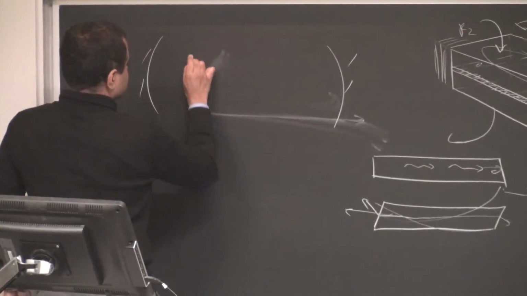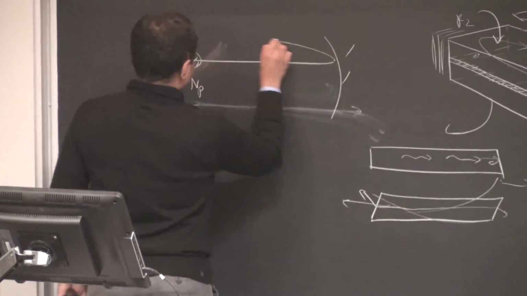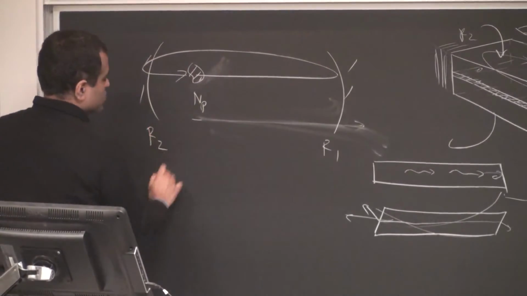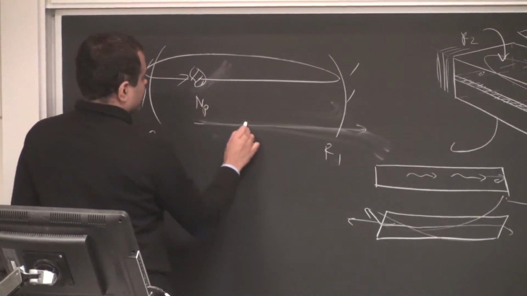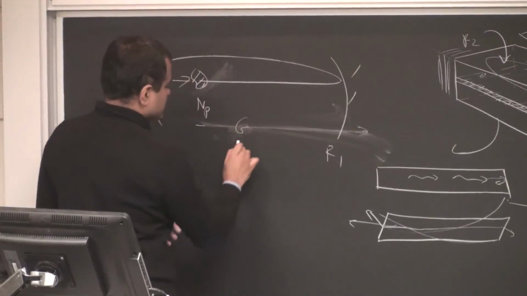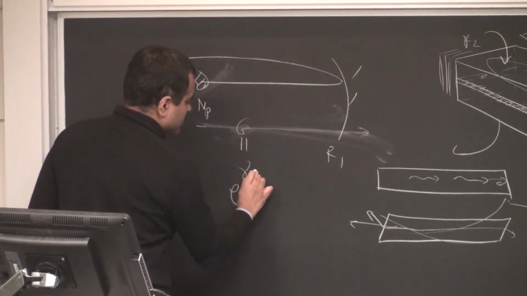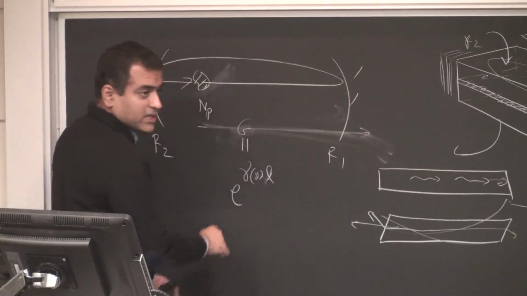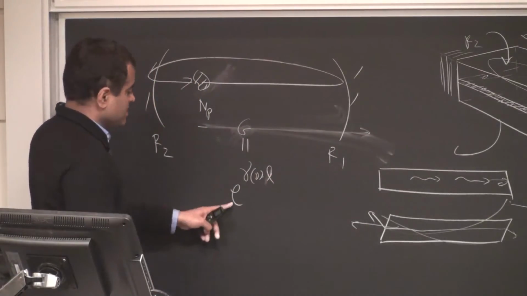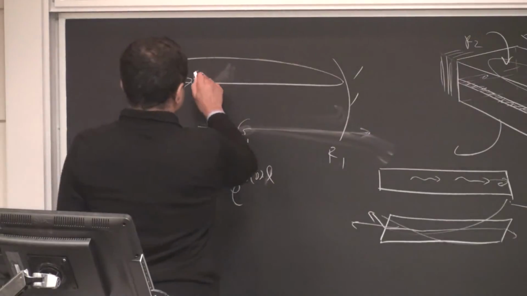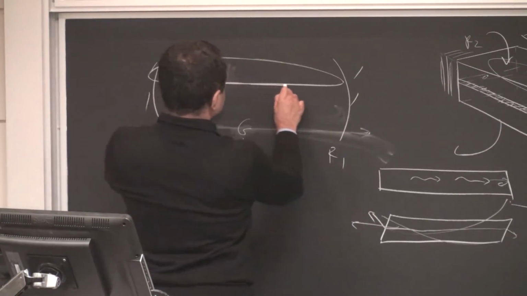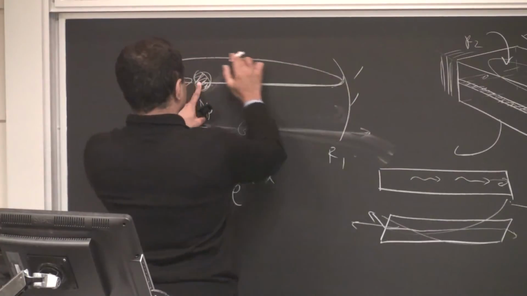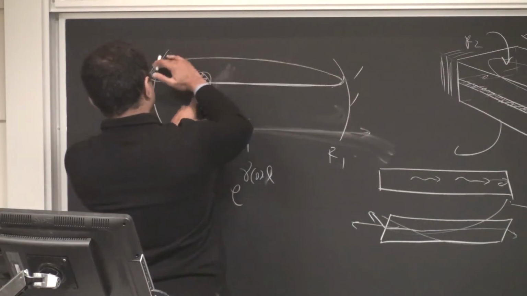So if I started with NP photons here, and I went this way and came back, reflection coefficients R1, R2, and gain is G inside this, which is basically e to the power gamma nu times L and all that. I think you know that now, right? Gain is this. So photons going through this medium, if there's gain, it increases in number, then loses a little bit here, comes back, increases again in the gain medium.